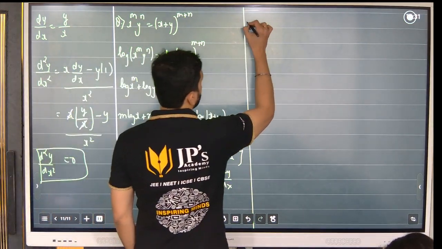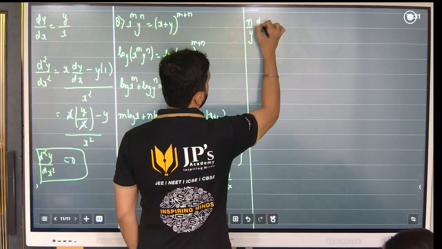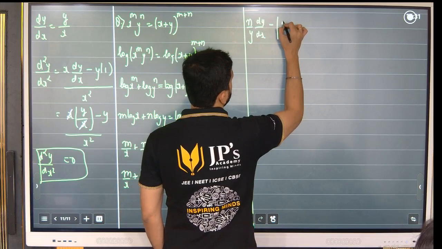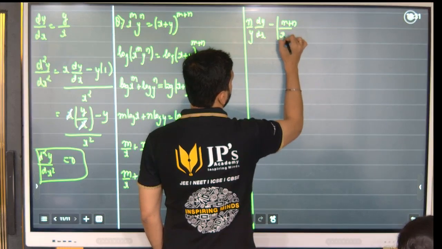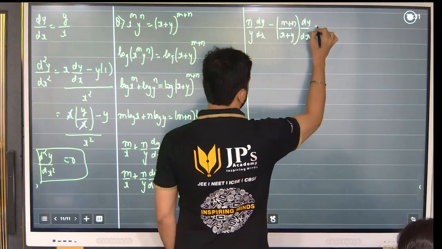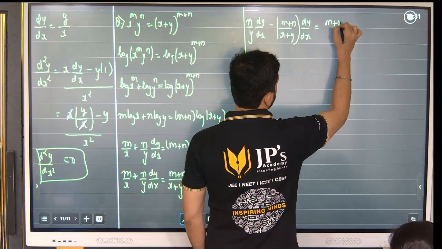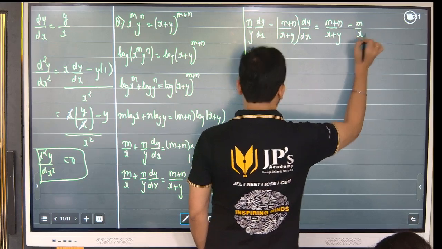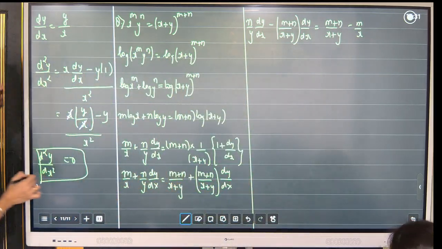So this will become n upon y dy by dx minus m plus n upon x plus y dy by dx is equal to m plus n upon x plus y minus m by x. Okay.